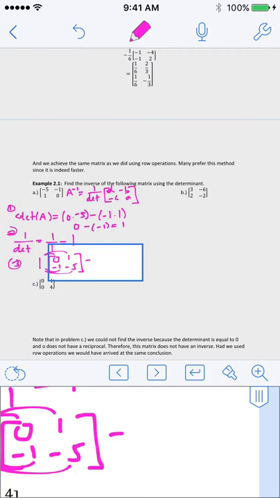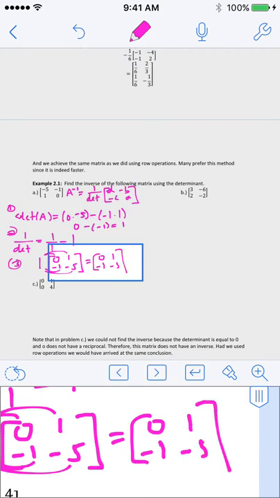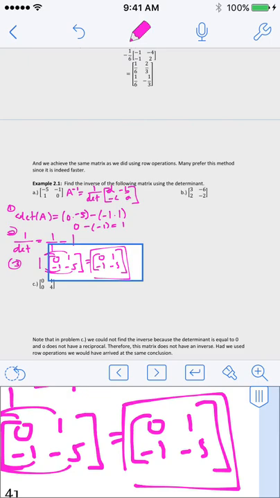That's not really going to change anything. So our inverse is 0, 1, negative 1, and negative 5. And that's it. I guarantee if you went the row op route, you would get the same thing. And if you multiplied it by our original matrix, you would get the identity.